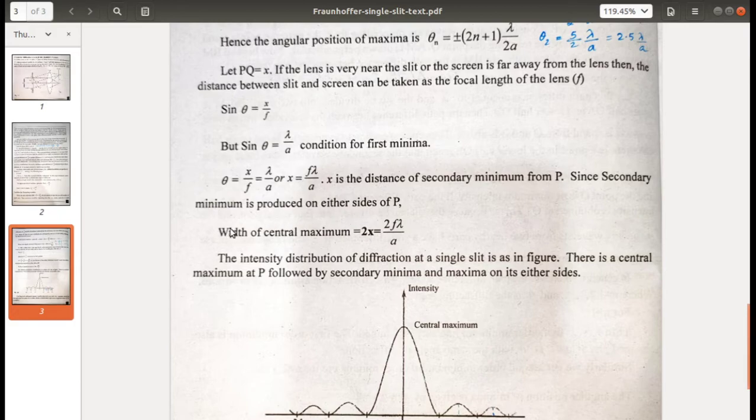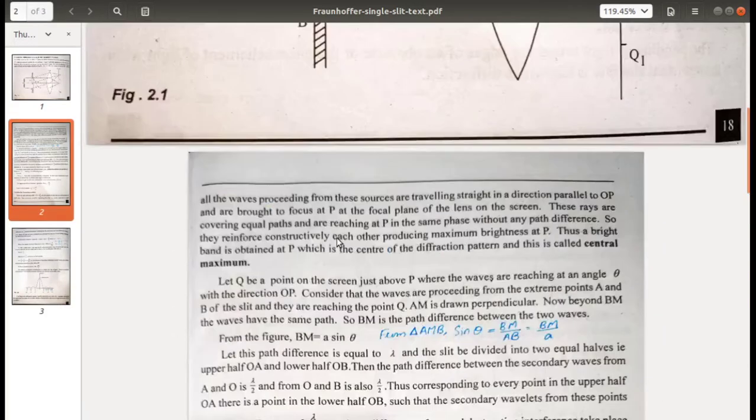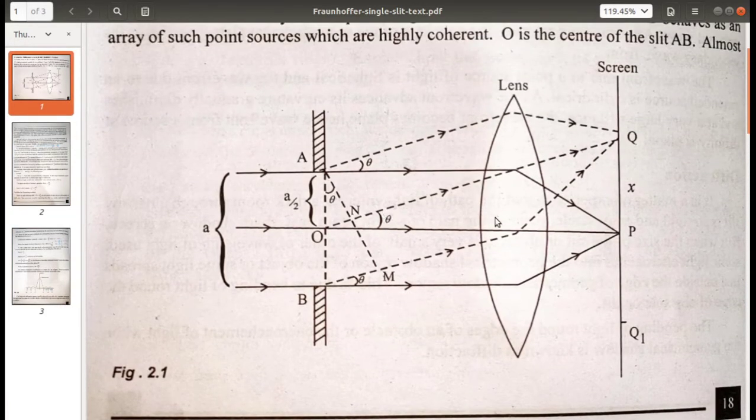Since the secondary minimum is produced on either side of P, we get the width of the central maximum. So we will get first minima here and first minima here. So this is the distance x that we have calculated just now. From the central bright point, this is the first minima on one side and this is the first minima on the other side.